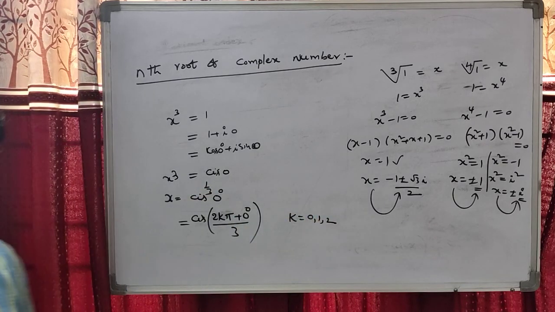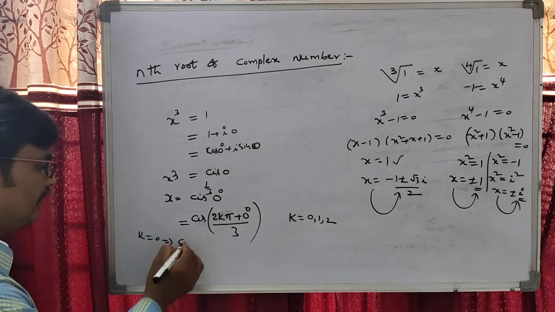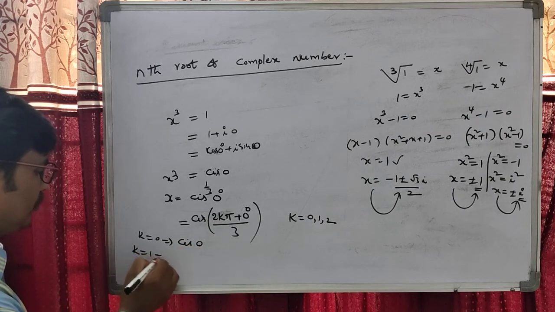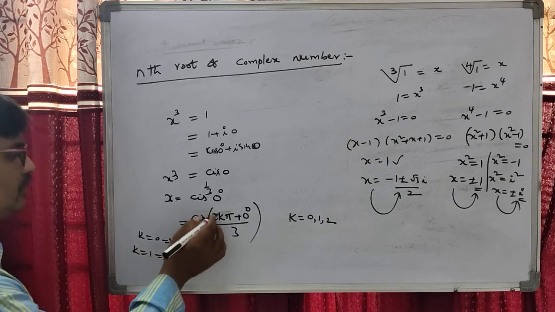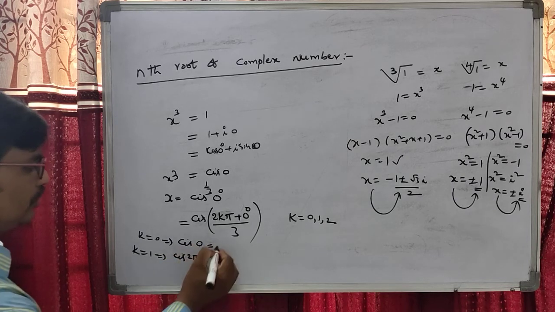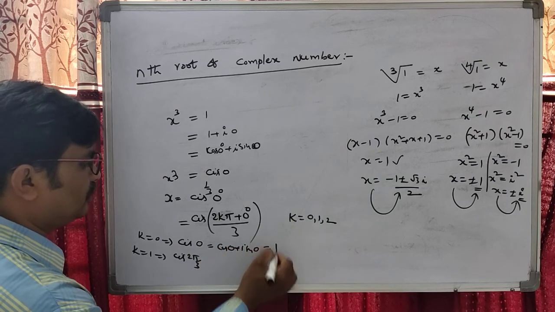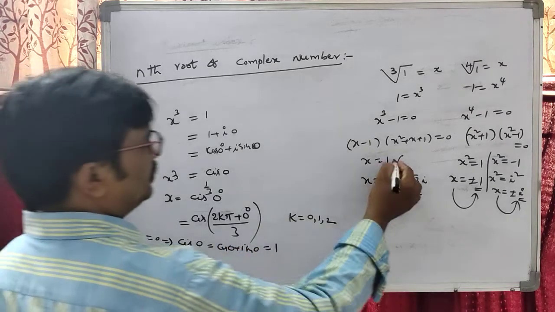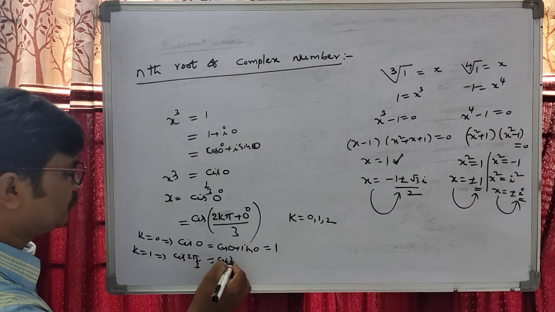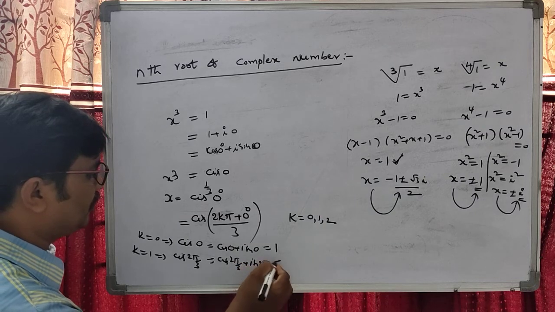My dear students, suppose we substitute k equal to 0. That implies cis 0. Suppose k equal to 1, this is cis of 2 pi by 3. Cis 0 means cos 0 plus i sin 0, cos 0 is 1, sin 0 is 0, this is the value. Now cis 2 pi by 3 is cos of 2 pi by 3 plus i sin 2 pi by 3.